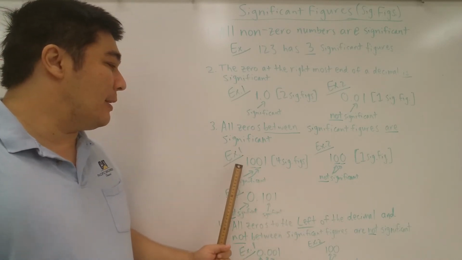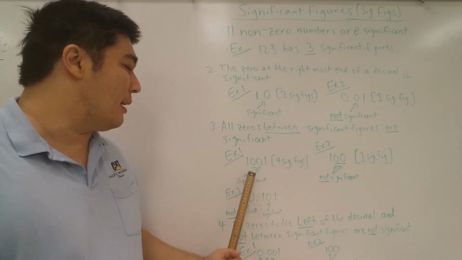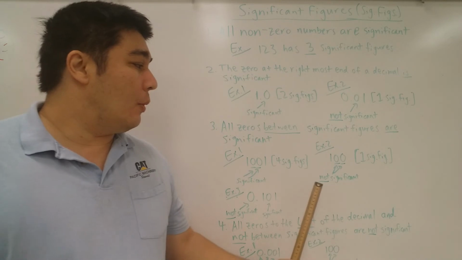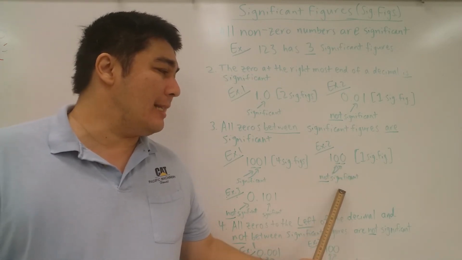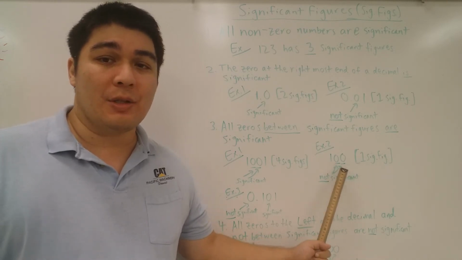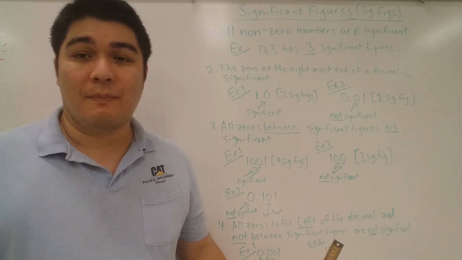So let's take a look at some examples. If I have 1001, that has 4 significant figures, because these 2 zeros in between are significant. Whereas if you have 100, these 2 zeros are not significant, and there's only 1 significant figure, because these 2 zeros are not in between 2 significant figures.